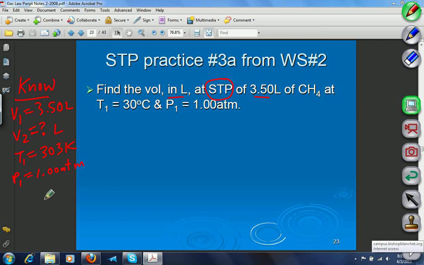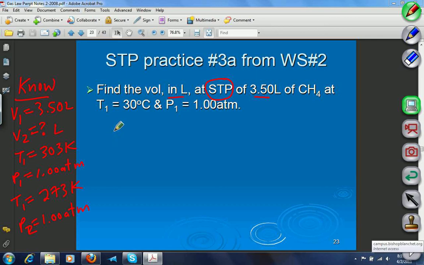My second set of temperature and pressure comes from STP. It makes it so much easier not to type those out. So the second temperature is 0 degrees Celsius, which is 273 K. And the second pressure is 1 atmosphere.